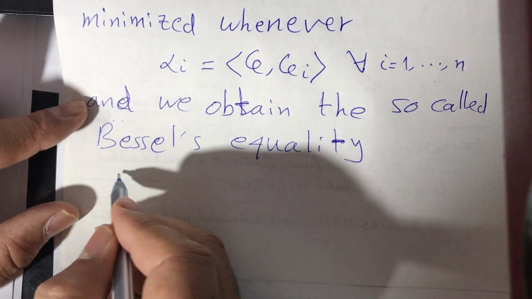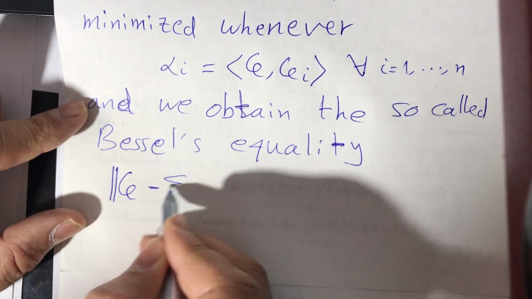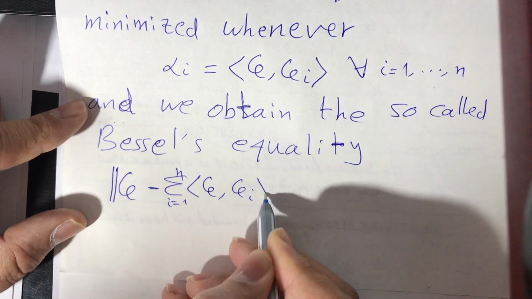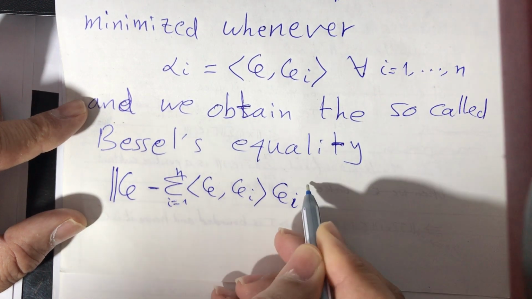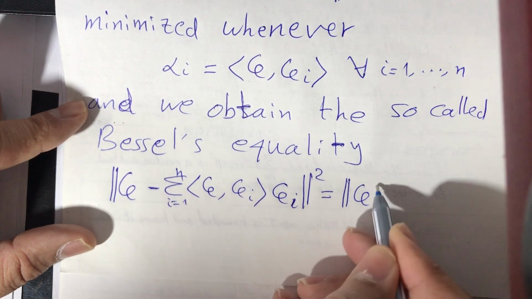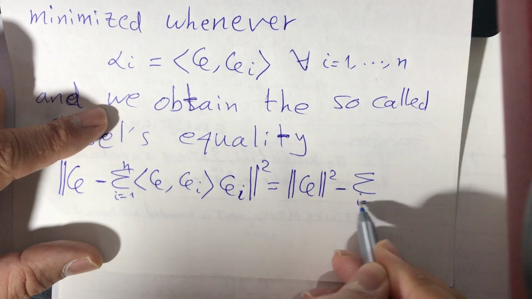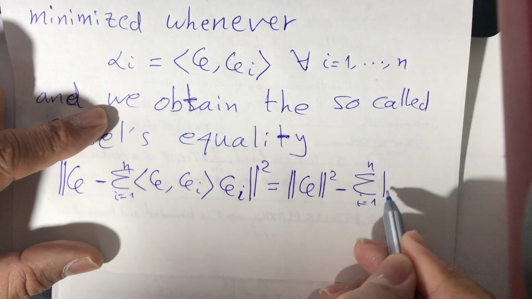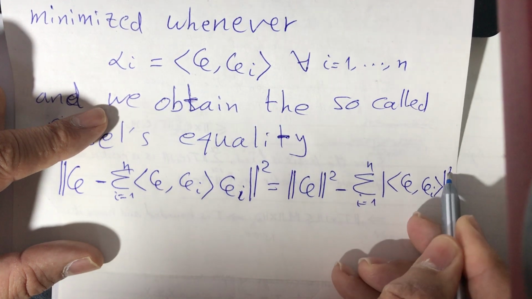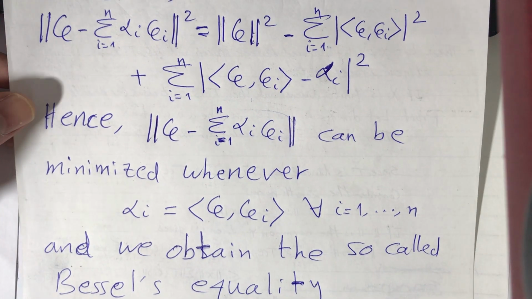The norm of phi minus the summation i from 1 to n of the inner product of phi and phi i times phi i, squared, is equal to the norm of phi squared minus the summation i from 1 to n of the absolute value of the inner product of phi and phi i, squared.